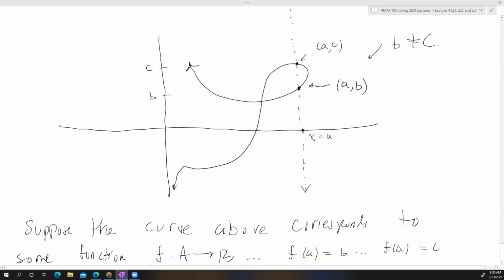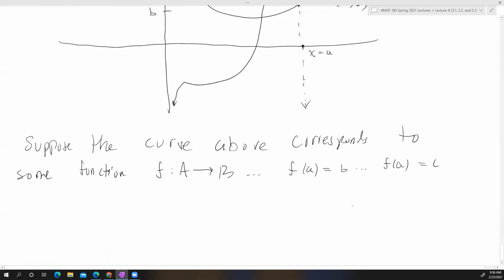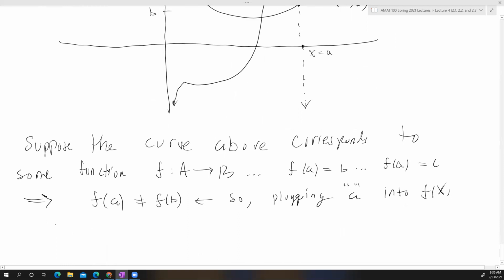F of A will also equal C. But B and C don't equal each other, so that implies that f of A does not equal f of B. So plugging A into f of x gives 2 different outputs.